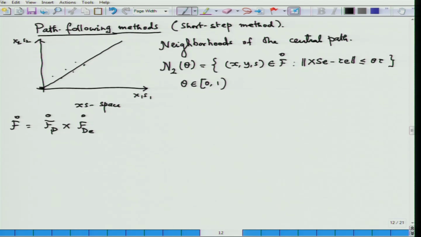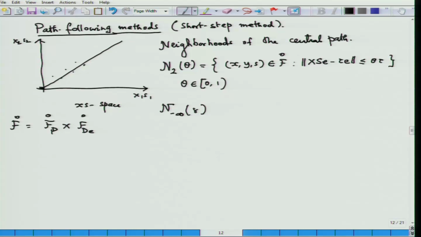So, I am defining a neighborhood. Another neighborhood which we will also use is called the infinity neighborhood or large neighborhood. What they are trying to do is see how far you are from your duality measure, to what extent you are violating this duality measure.